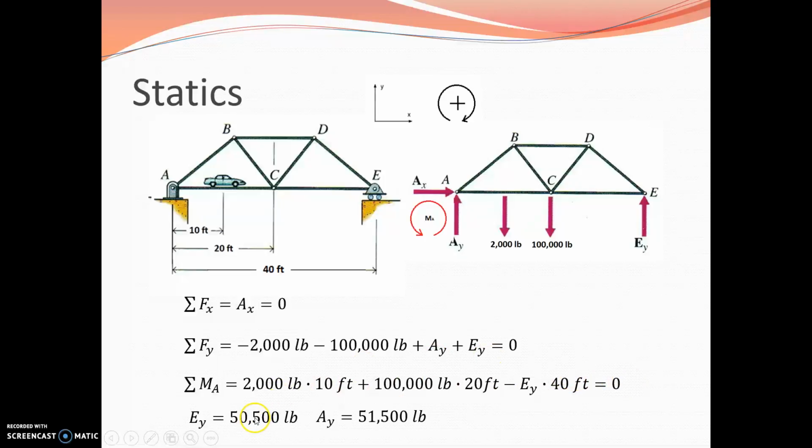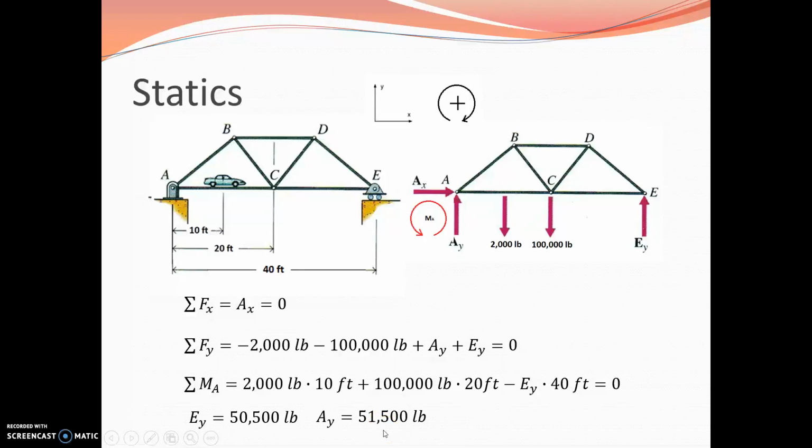You first find EY. You can now go back to this equation, the summation of the forces in the y direction, and you can plug this value in for EY. You now are left with only AY in this equation. Use algebra to move all of these terms over to the right side, and you get 51,500 pounds.